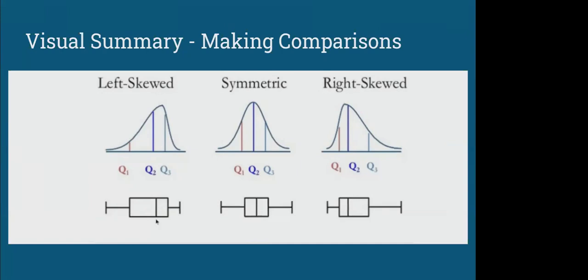So your Q2 value is closer to your Q3 value. So those are the two characteristics that you look for in a box plot if it is left skewed: the long left whisker, and the median of the data, Q2, being closer to the median of the upper end of the data, the Q3 value.